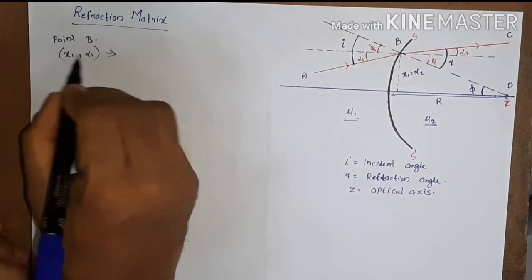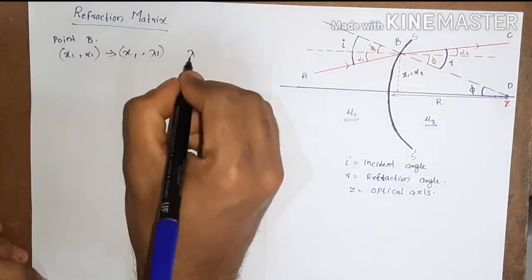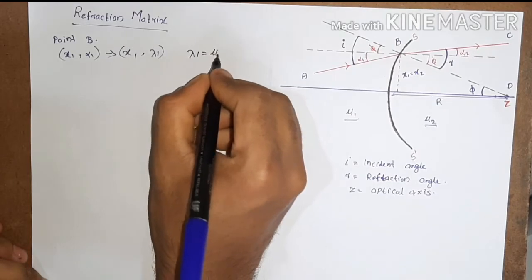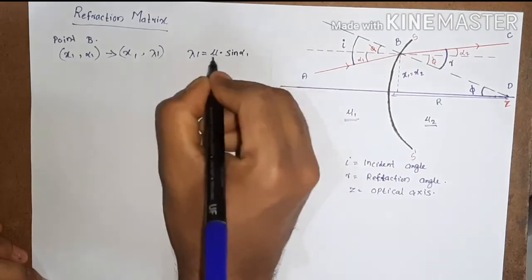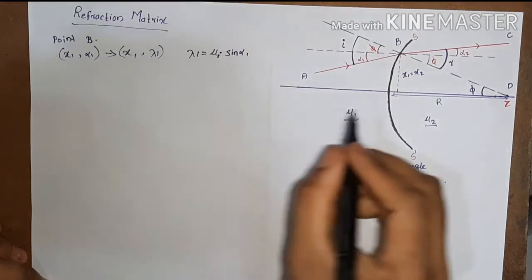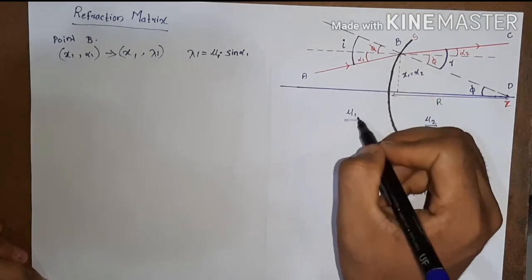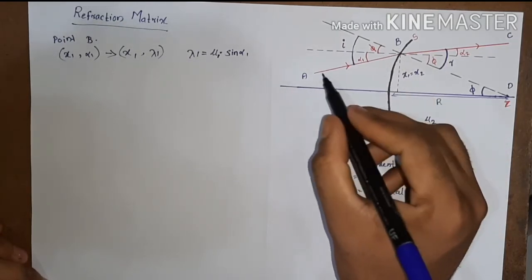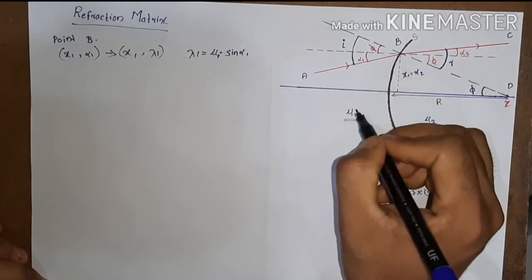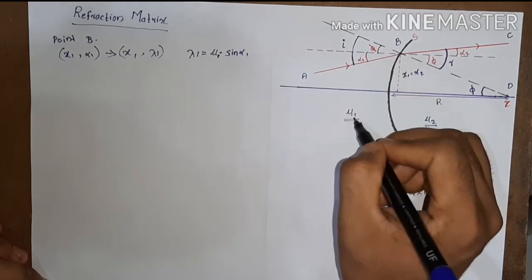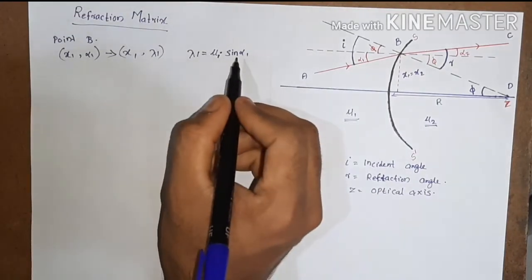So I can represent this coordinate in terms of x1 and lambda 1, where lambda 1 is mu 1 into sine of alpha 1, because just before point B the light ray is going through the first medium, so the refractive index is mu 1.